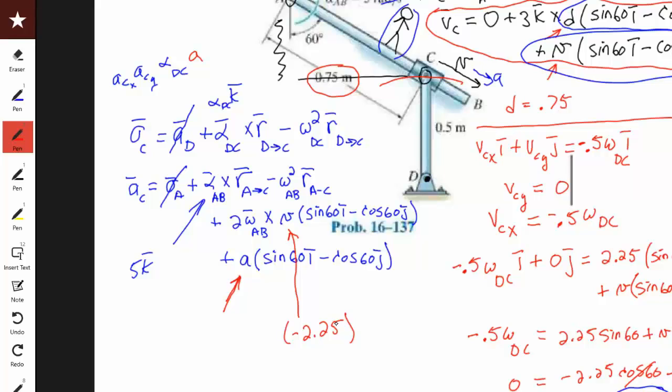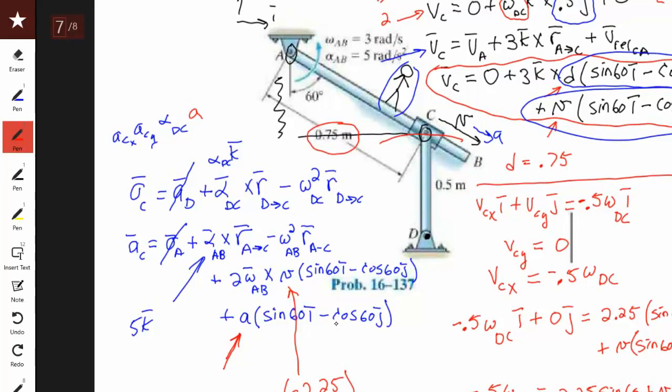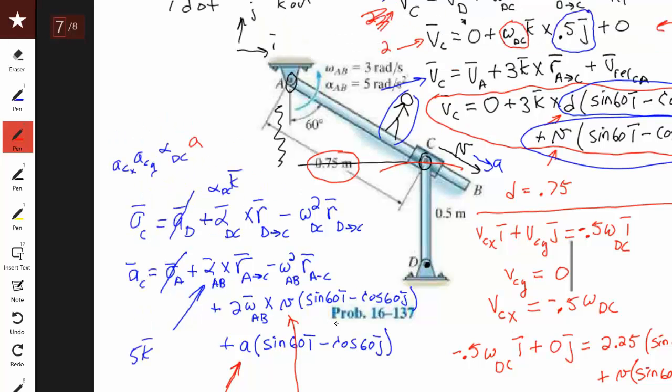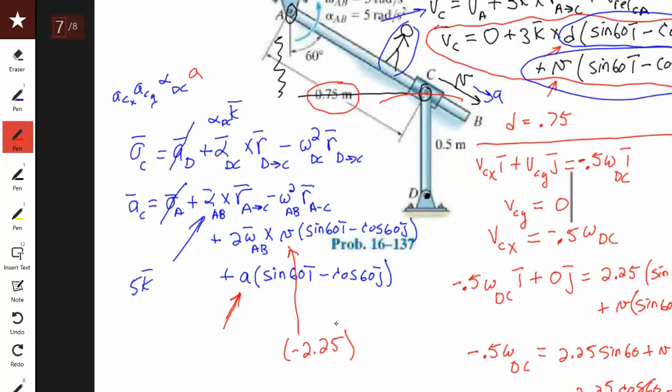I solve for all 4 values. Is it time consuming? You bet it is. It takes a long time to do these problems. Is it odd, unusual? Probably not. And once you kind of get used to it, they're all pretty much the same. But that's it. So that's that particular one.